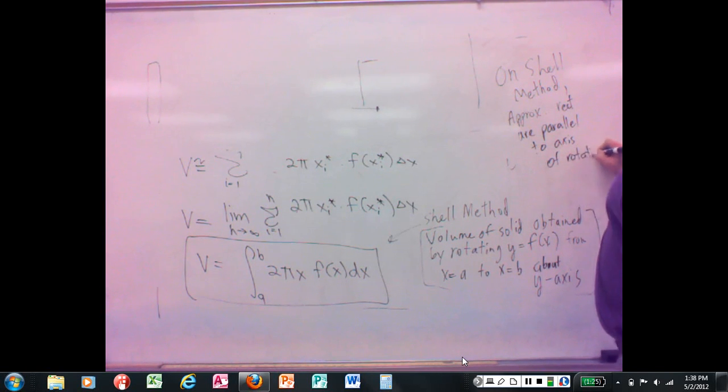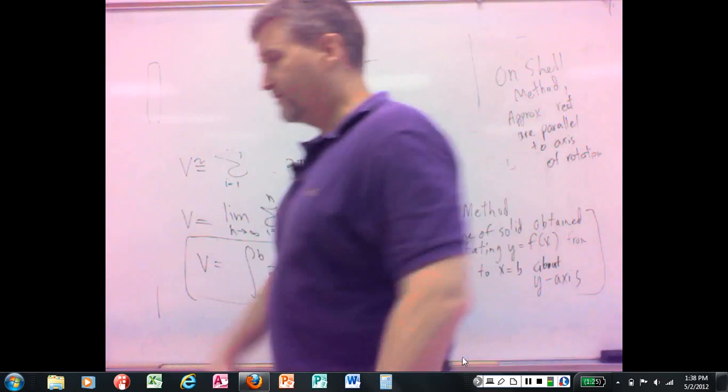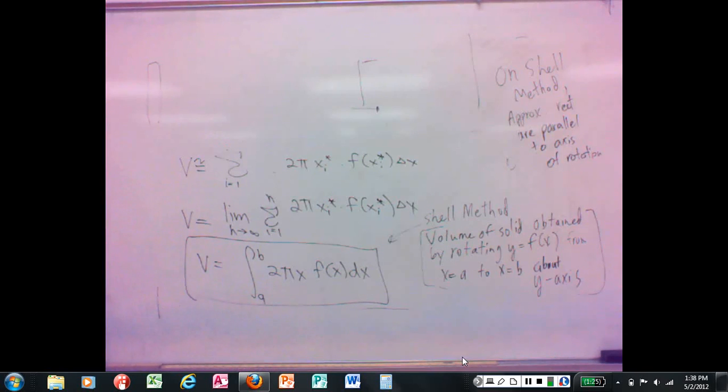So if you're trying to decide, do I want shell method or disk method, that's how you do it. If you want to do dx and you're parallel to the axis of rotation, that's shell method. If you're perpendicular to the axis of rotation with dx, that's disk method. Okay?